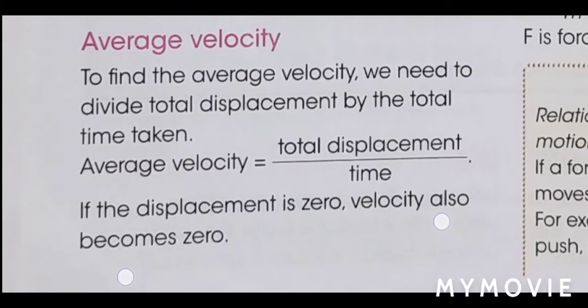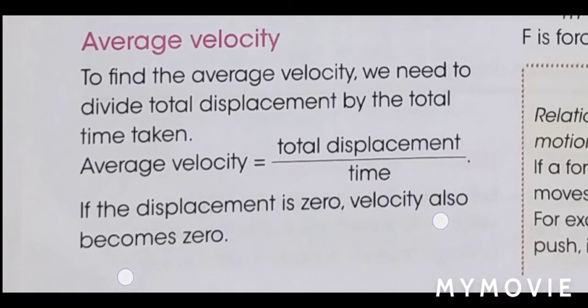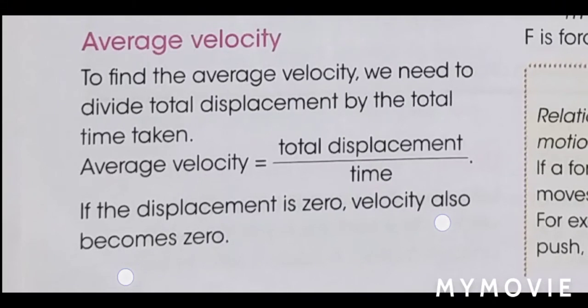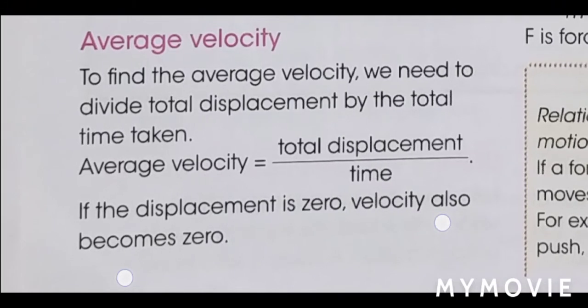So the displacement can be 0. Suppose the body covers 30 km for the forward journey and again 30 km for the backward journey, and the body reaches the same point; then we get displacement zero, because the body starts from one point and comes back to the same point.